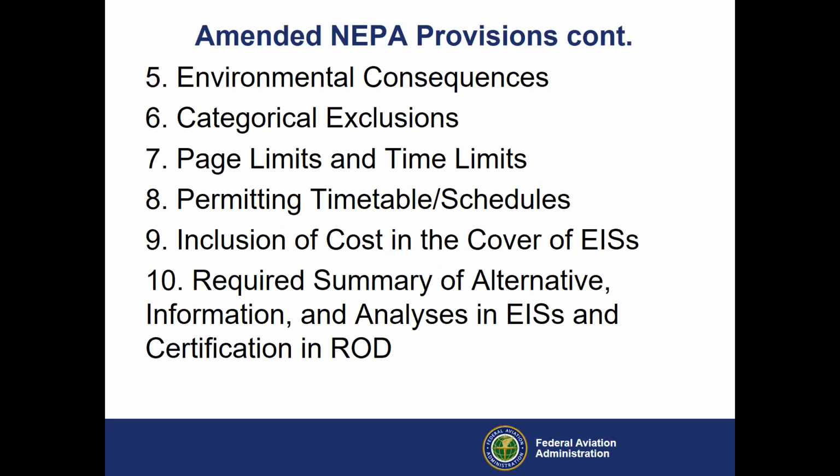And number 6, and we had talked about this originally already, but the amended regulatory text allows agencies to adopt another agency's determination that a categorical exclusion applies to a particular proposed action if the action covered by the original categorical exclusion determination and the adopting agency's proposed action are substantially the same.